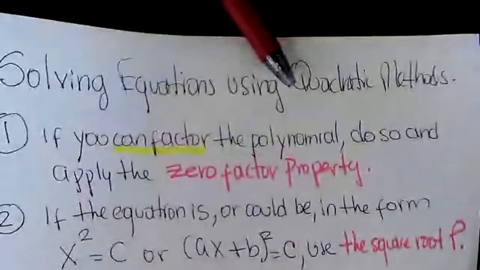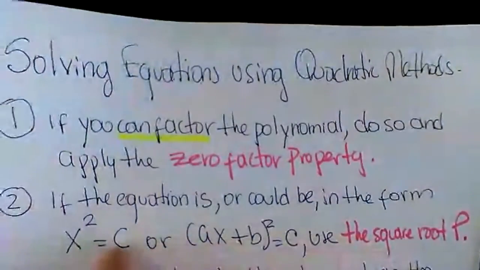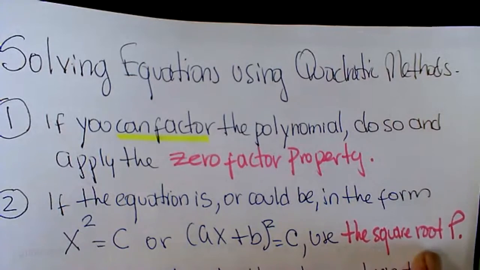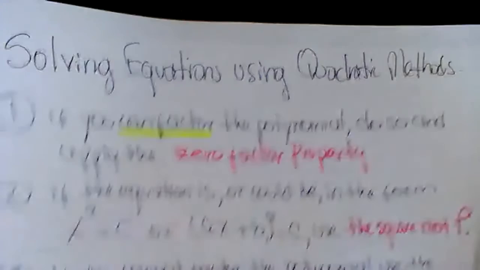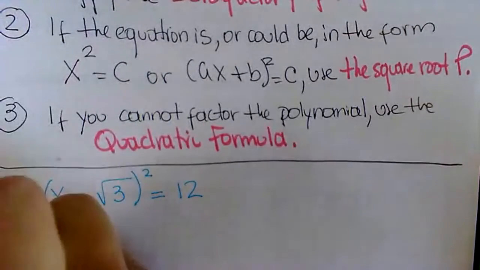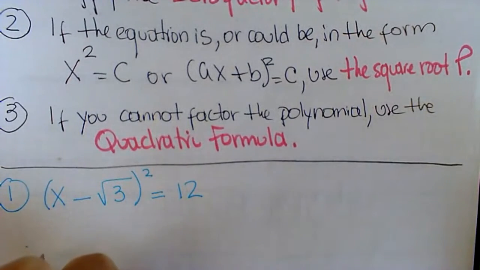So that one does look like this one, right? Like I need to do the what? The square root property. So let me apply the square root property on both sides.